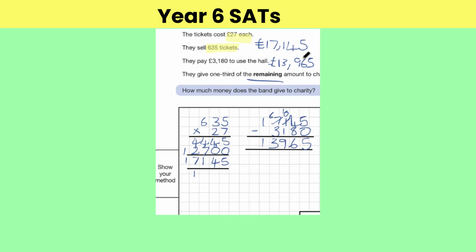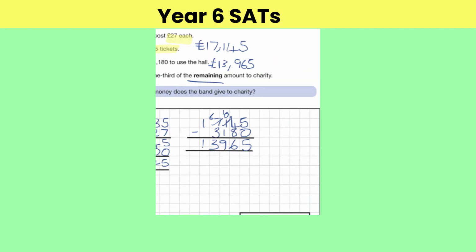The remaining amount is 13,965. It says how much money does the band give to charity. It's not asking for how much money we have left after we've given to charity, so we're finding 1/3 of that amount. So we can do this as a simple division. To find 1/3, you divide by the denominator. So we're just going to do 13,965 divided by 3 in a bus stop. So 3 into 1 doesn't go, 3 into 13 goes 4 times with a remainder of 1.